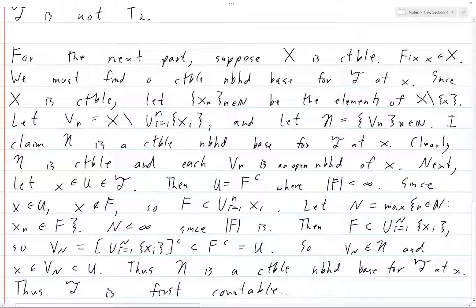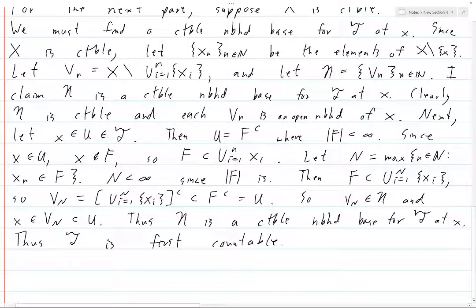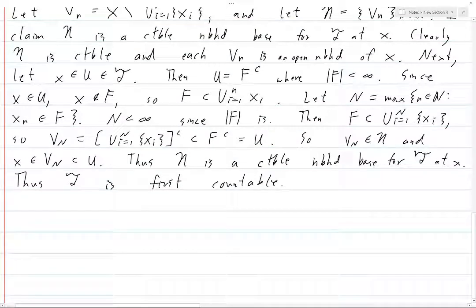Okay, so we've proven that if X is countable, then tau is first countable. So that's one direction, and now we get to prove the other direction. Alright, so the way that we're going to do this is suppose X is not countable.